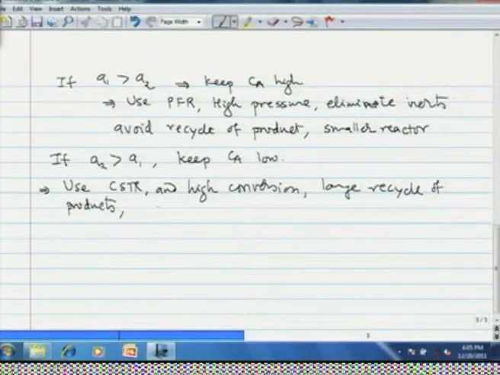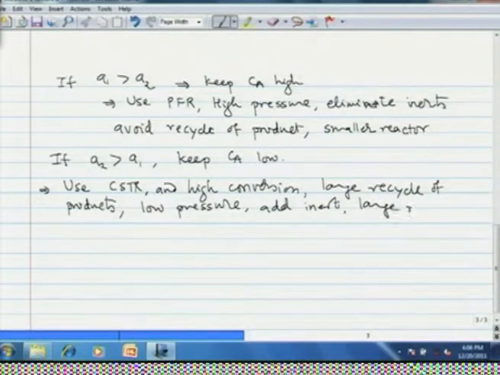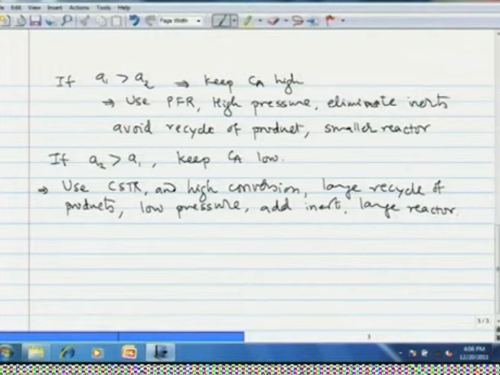Then you can use low pressure, or as I mentioned in the previous lecture, you can add some inerts, which will reduce the partial pressure, and lastly use a large reactor that will reduce the effective concentration of the limiting reactant. So, that is about the single parallel reaction with a single reactant.